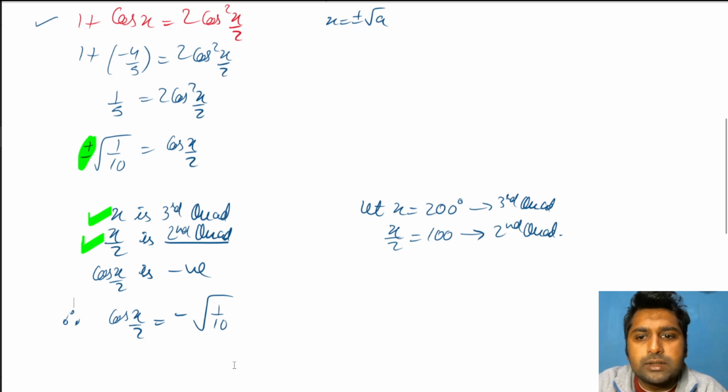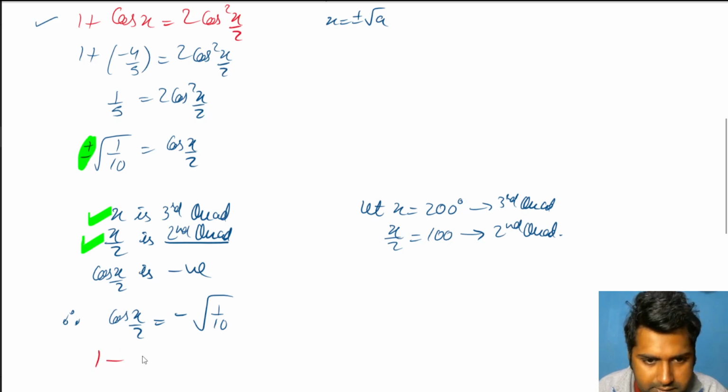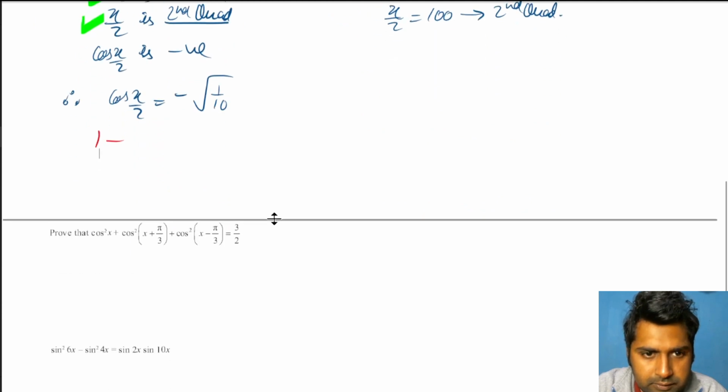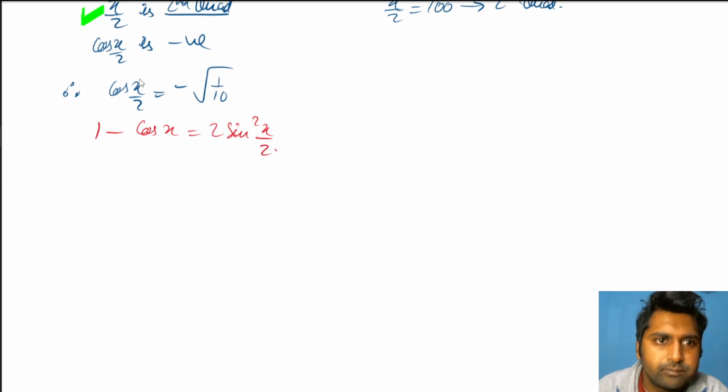Same thing we can do with sine also. So let's solve for that. 1 minus cos x is 2 sine square x by 2.